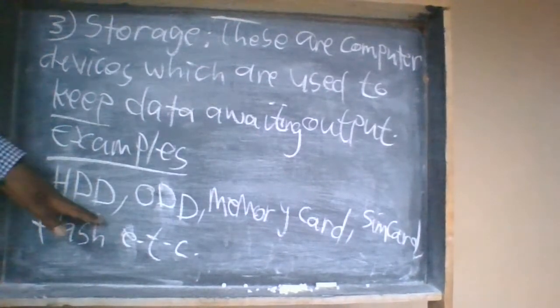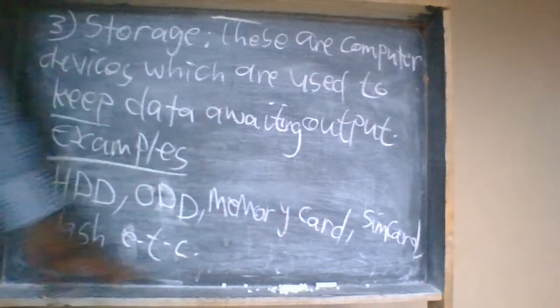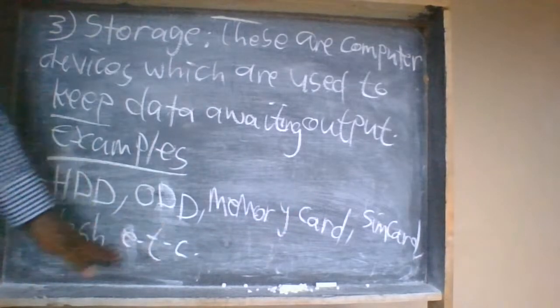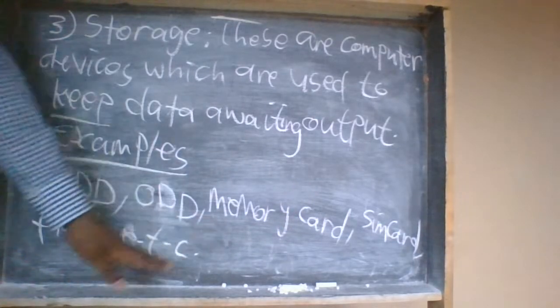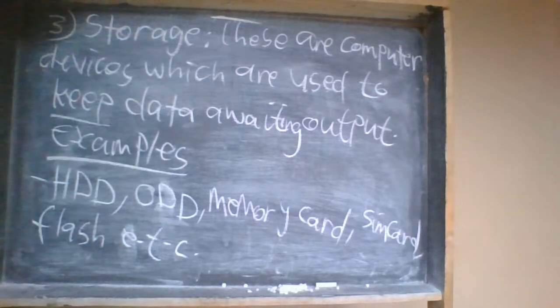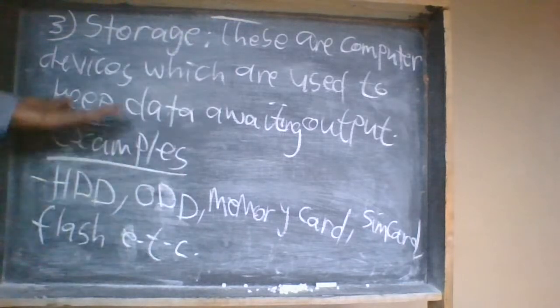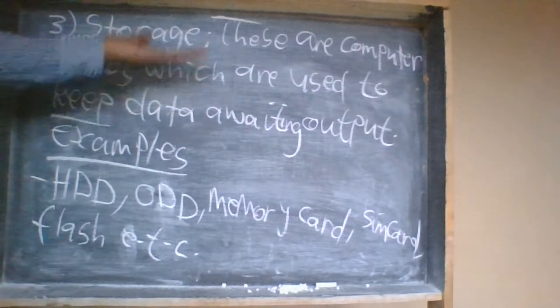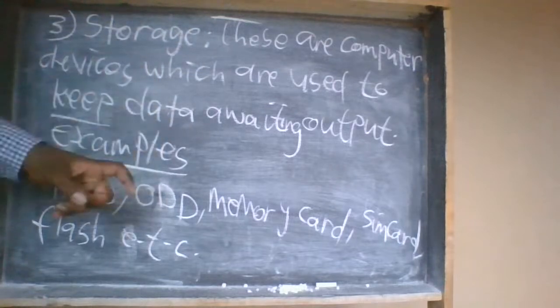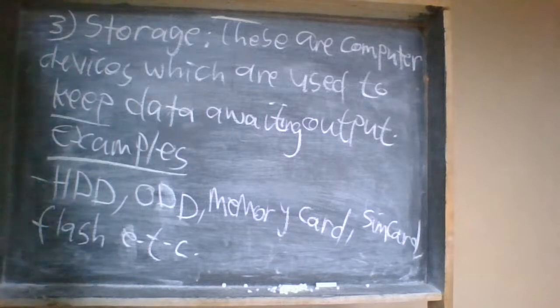Hard disk drive, optical disk drive, memory card, SIM card, flash drive, and many more others. So these are just some of the examples of the storage devices, those devices which can keep data for future use.